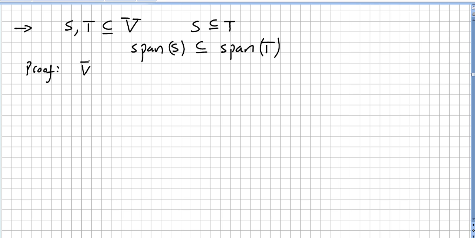So let us pick a vector V in the span of S.